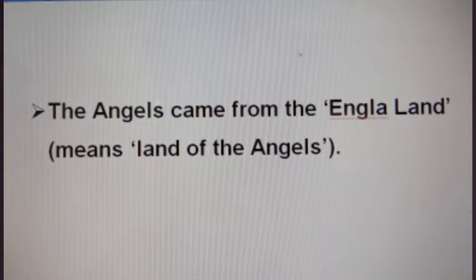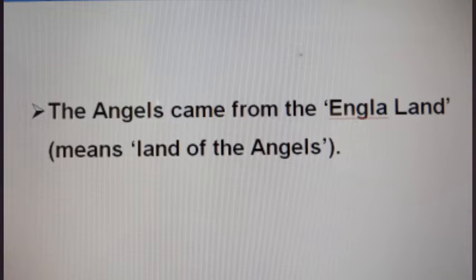The Angles came from Angla land, which means land of the Angles.